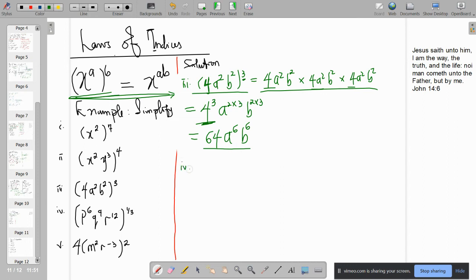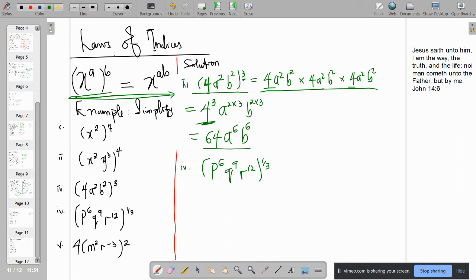Then in number 4, we have p raised to power 6, q raised to power 9, r raised to power 12, all raised to power 1 over 3. The major thing that I just want you to know here is that the powers are not limited to just whole numbers.